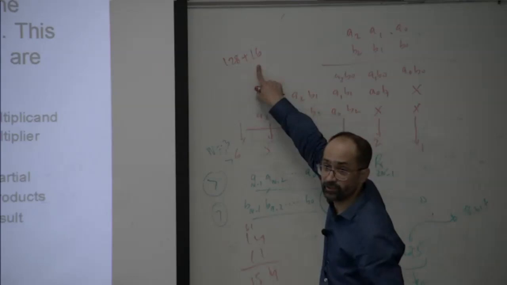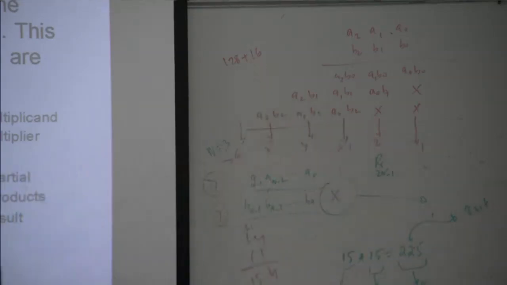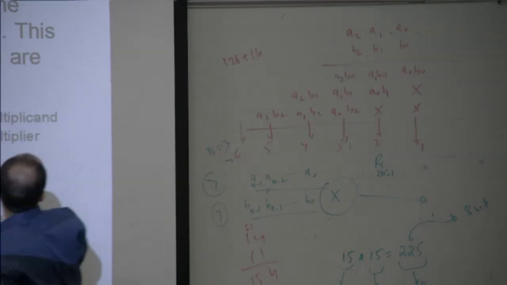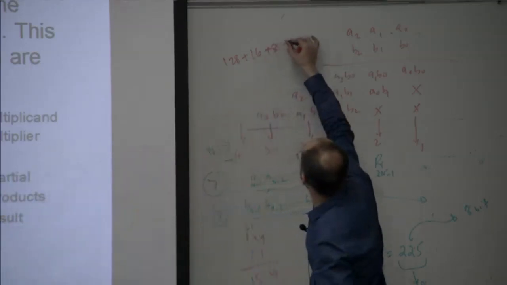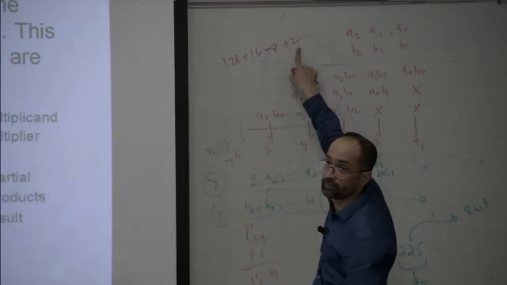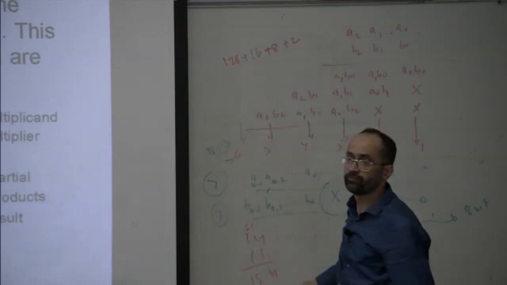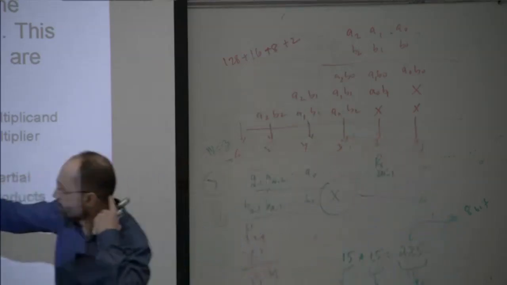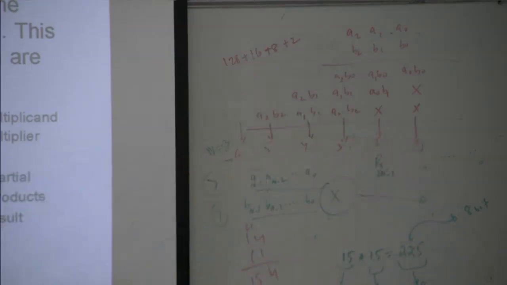So 128 plus 16 plus 8 plus 2. 16 plus 8 is 24, 26. 26 plus 128 is 154. So the same thing that you do, you can do all these maths and do the multiplication.